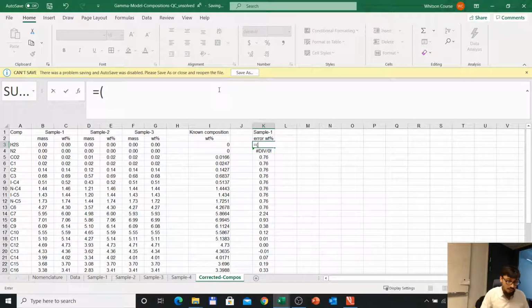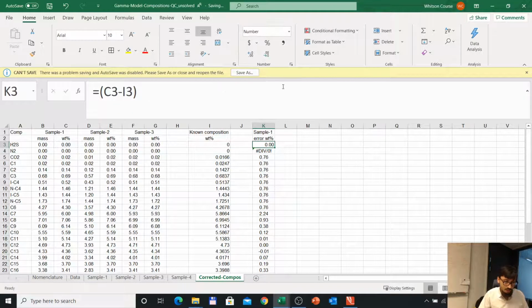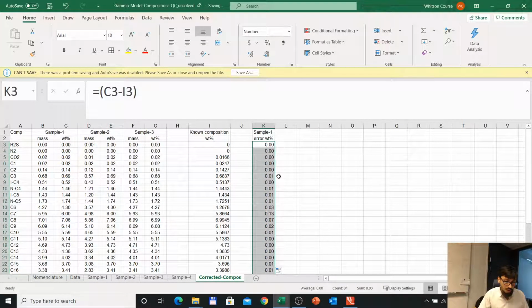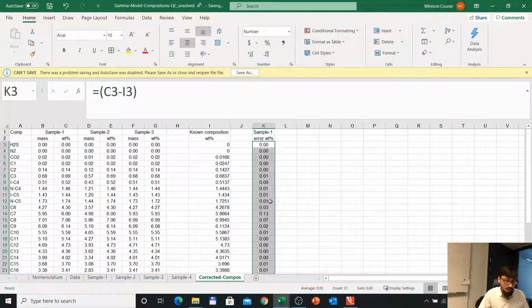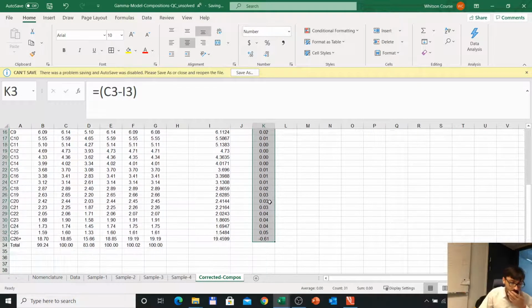So we can just calculate the difference, calculated minus the known composition, and you see it's 0.01, 0.03. It's only in the heaviest fraction. There is some, but it's a very small amount.